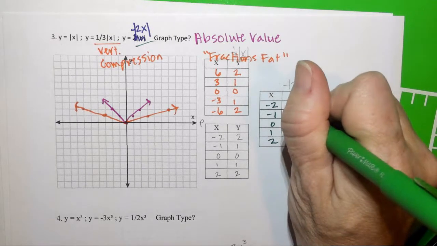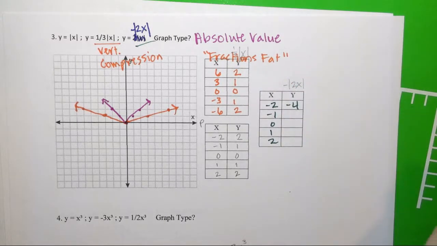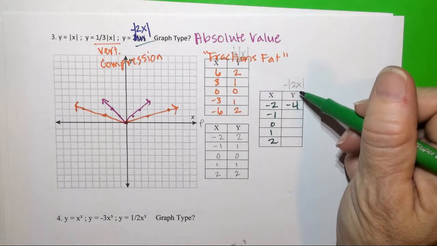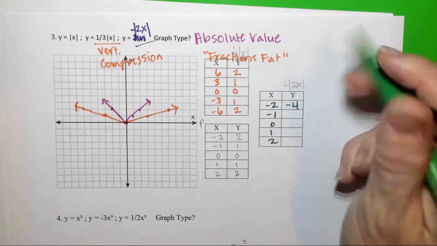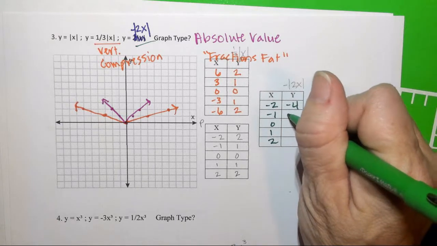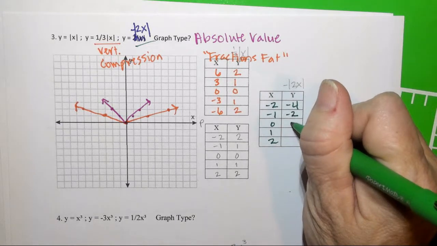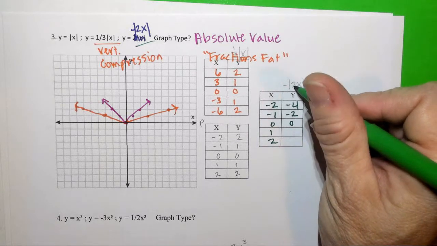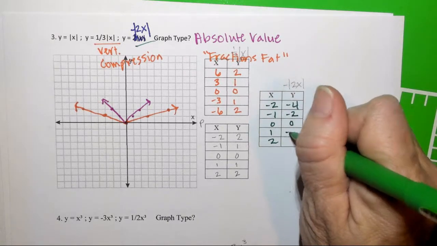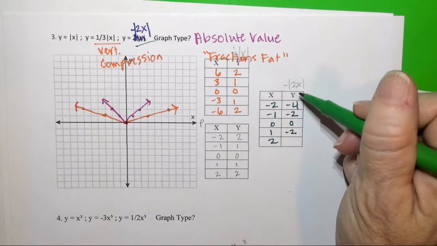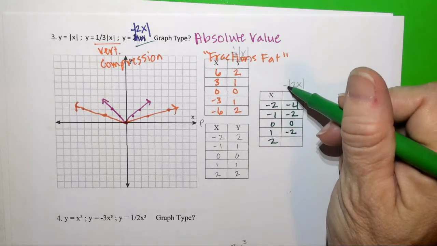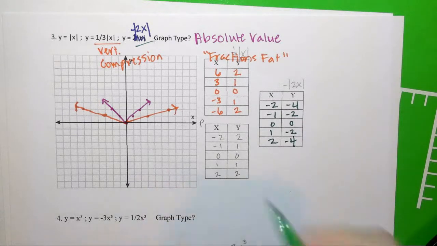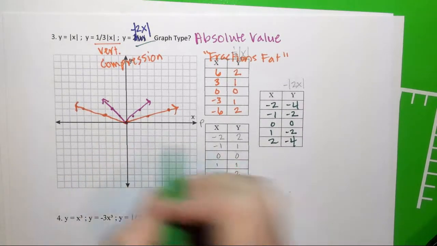And you end up getting -4 for your answer because of the negative on the outside. -2 times 1 is -2. And then we get the absolute value of that. And then 0. And then 1 times 2 is 2. And the negative sign makes that -2. And then 2 times 2 is 4, and we have a negative sign to make that -4. Go ahead and graph those.